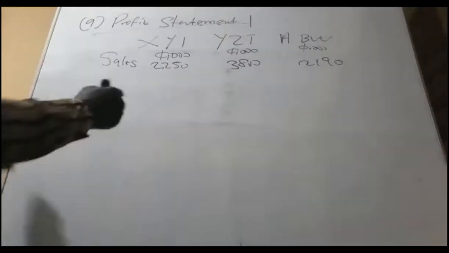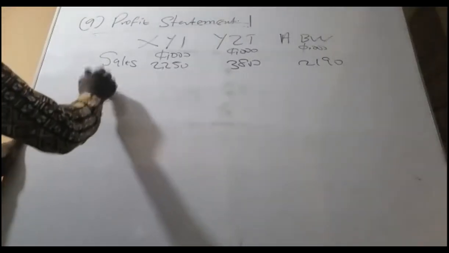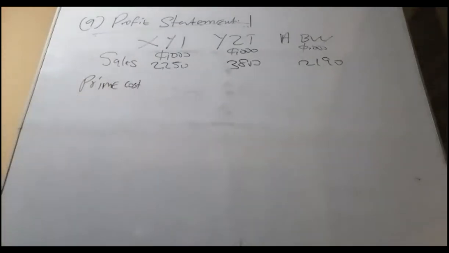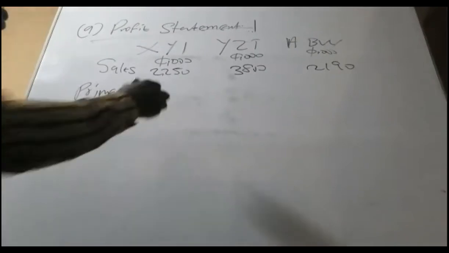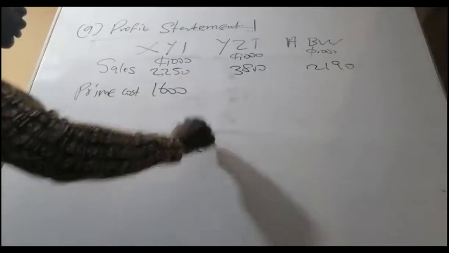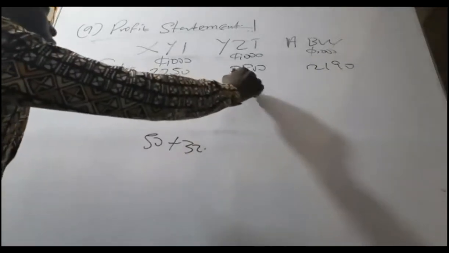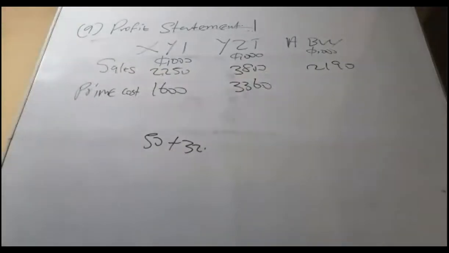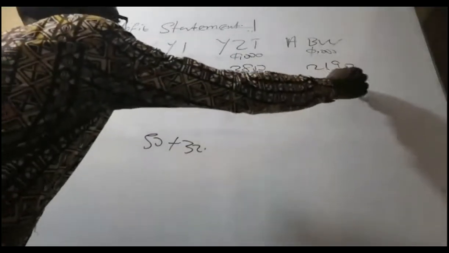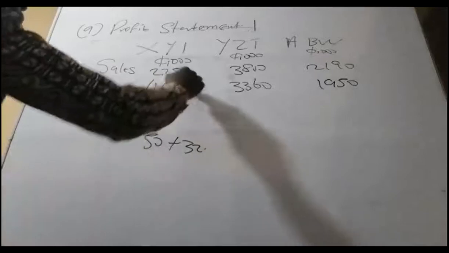Good, the prime cost. Then 50 by 32, and we have 3,360. Okay, so 1,950.